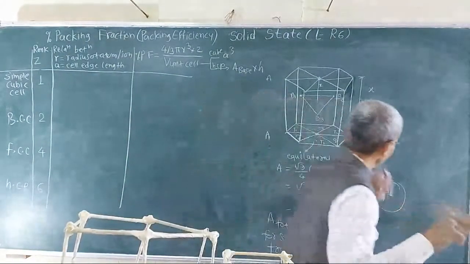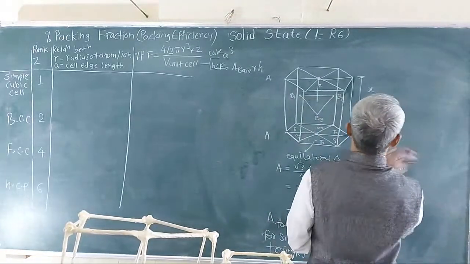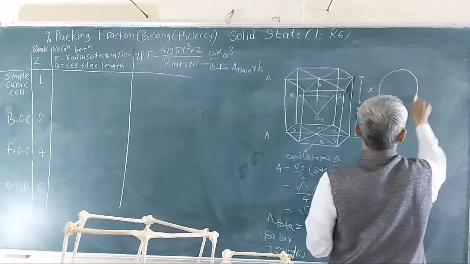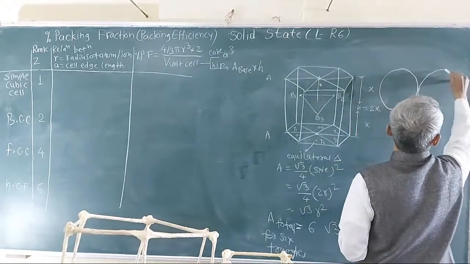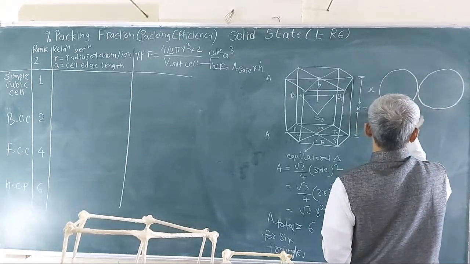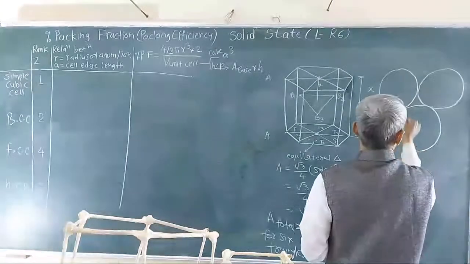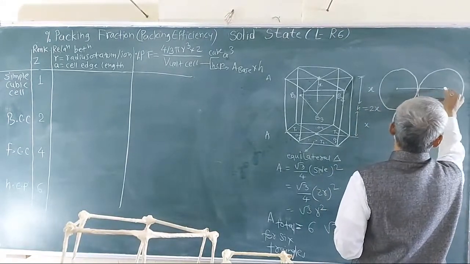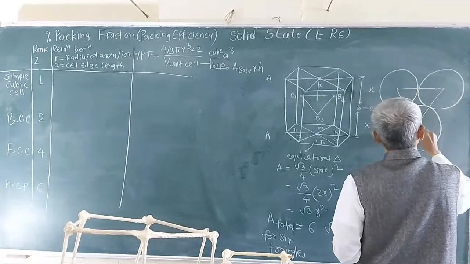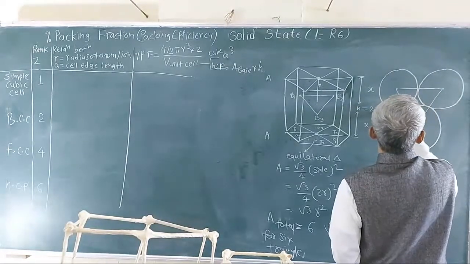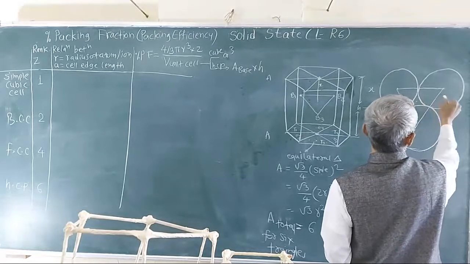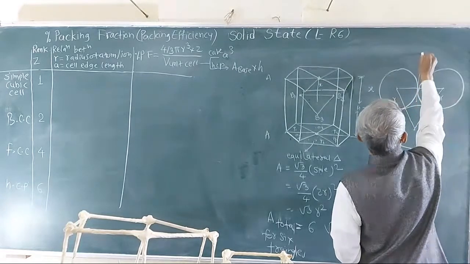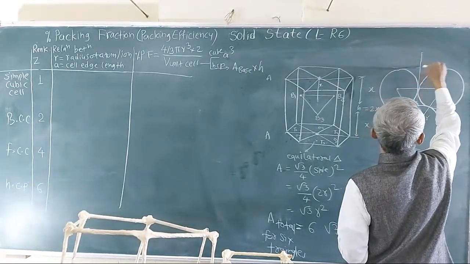Now consider the height. How do you determine the height? These are the centers of the spheres, forming an equilateral triangle. This is the center of the height, and this is the radius of this anion, because anions are larger in size.